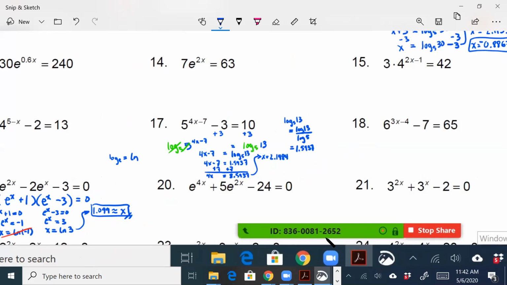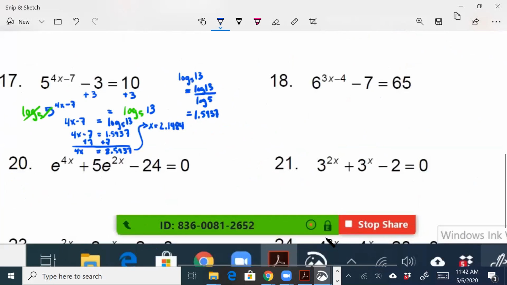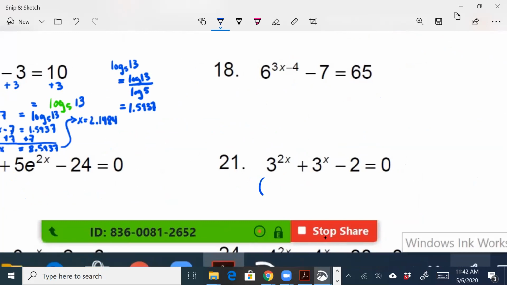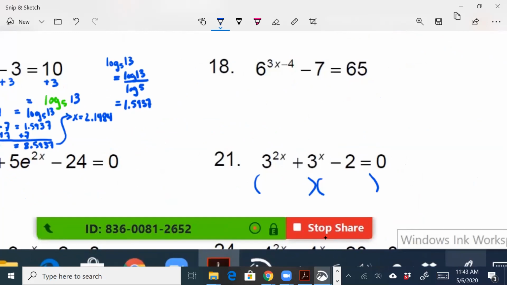I think you'd take a similar approach to 21. You'd want to factor this as a trinomial, saying, okay, well, how would this look? And then you'd go through that similar process. So I'd say, well, what -2.